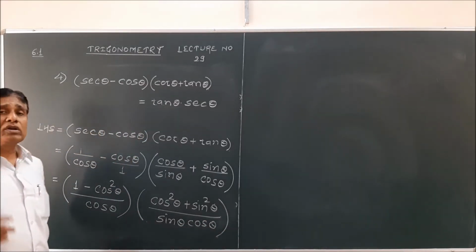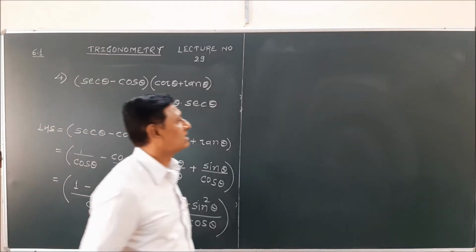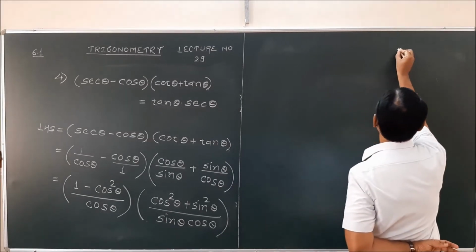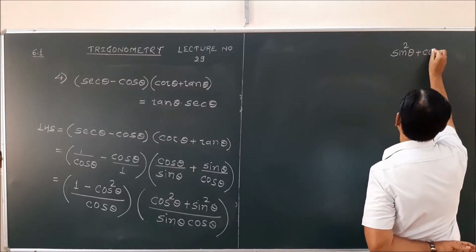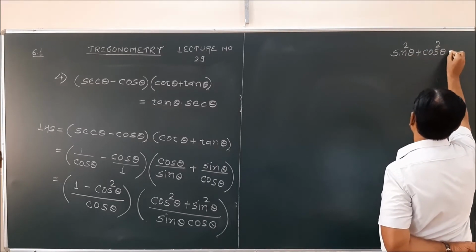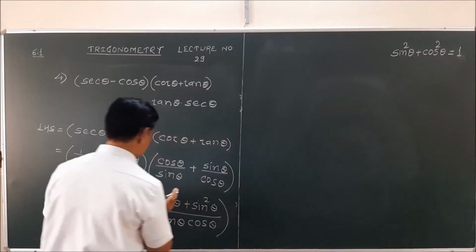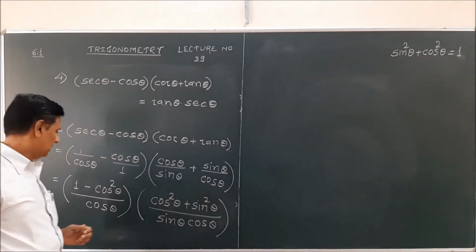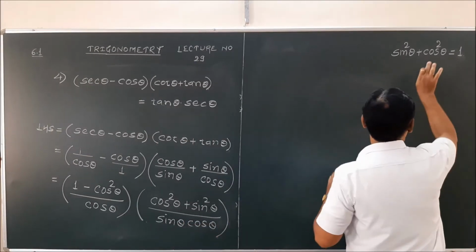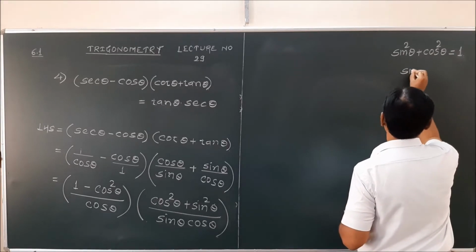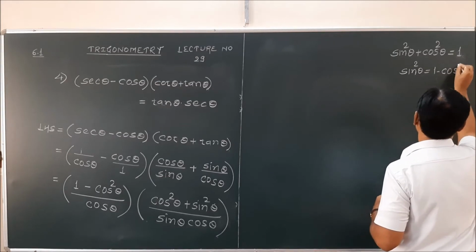Okay, now we are going to use identity 1. What is our identity? Sin square theta plus cos square theta is 1. Now with this identity, if I transfer cos square theta to the right hand side, sin square theta is equal to 1 minus cos square theta.